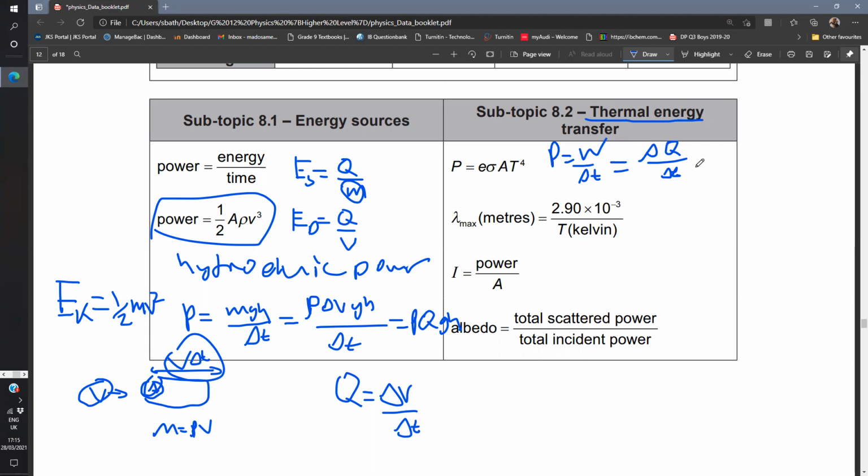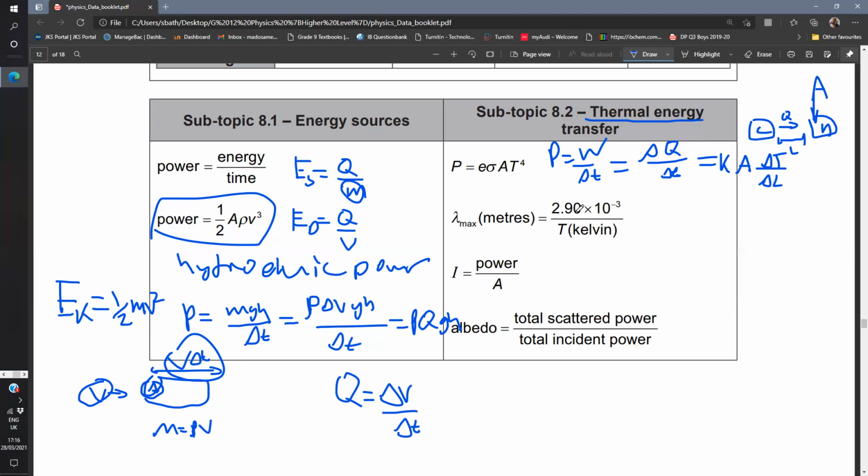And this will produce k, a conductivity constant, times A, and of course this depends on the material, times delta T over L. So this is cold, this is hot. This is Q, this is L, and this is the surface area. And that's basically how you solve that.